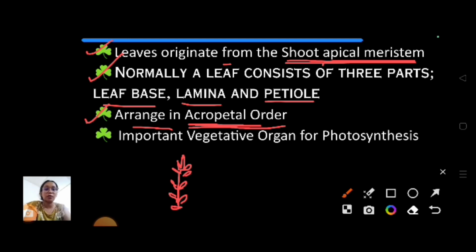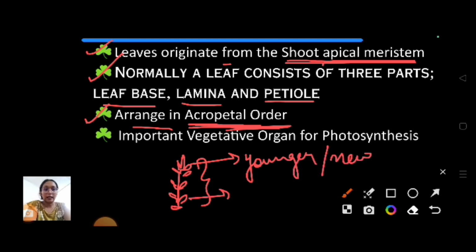So this arrangement is called the acropetal order, where at the tip there will be younger or new leaves, and towards the base there will be older leaves.